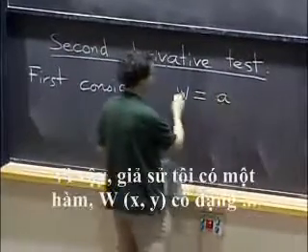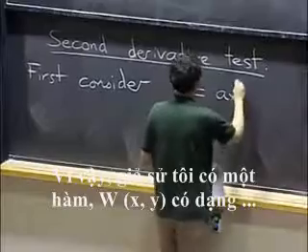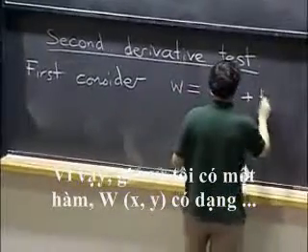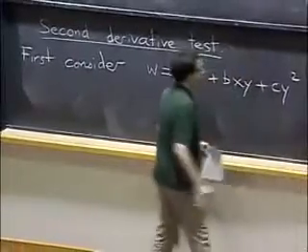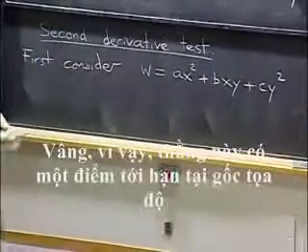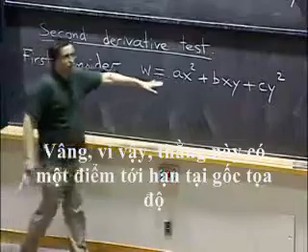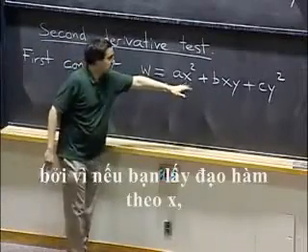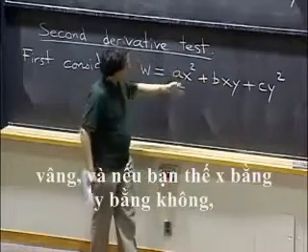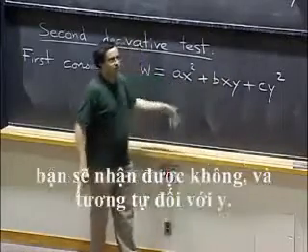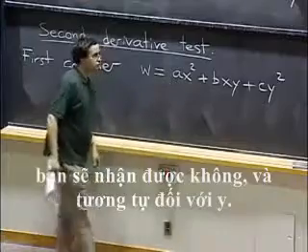So let's say I have a function w of x, y that's of the form ax squared plus bxy plus cy squared. Okay, so this guy has a critical point at the origin, right? Because if you take the derivative with respect to x, and if you plug x equals y equals 0, you'll get 0. And same with respect to y.